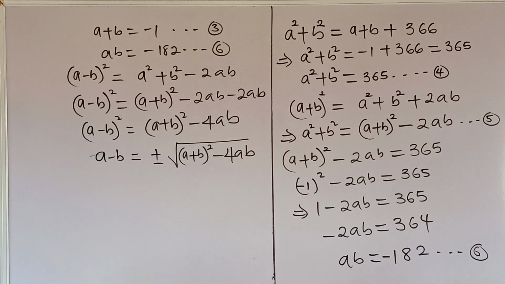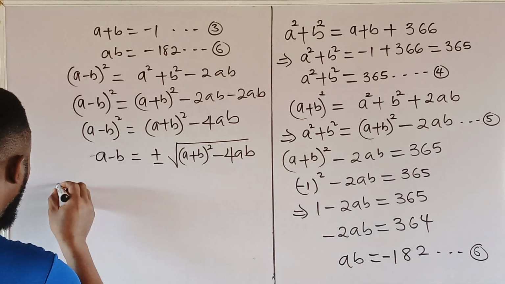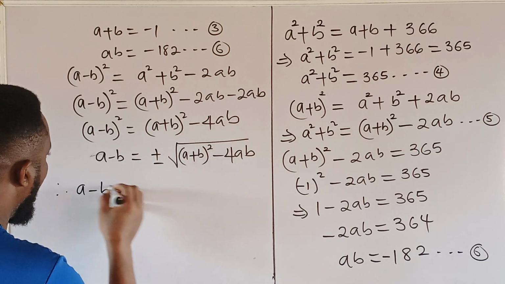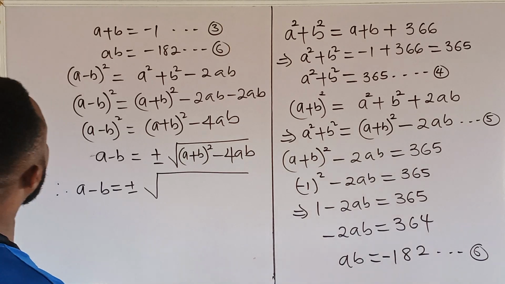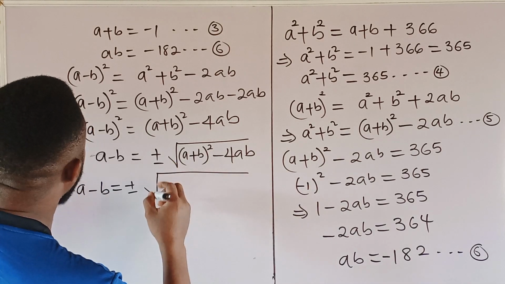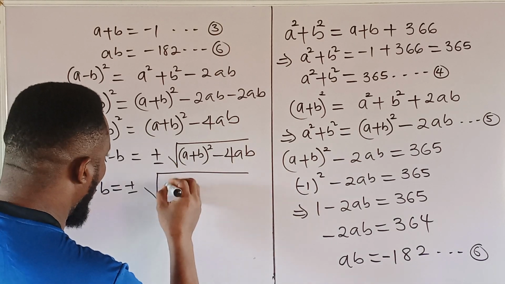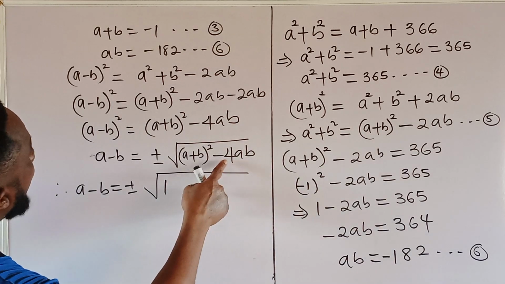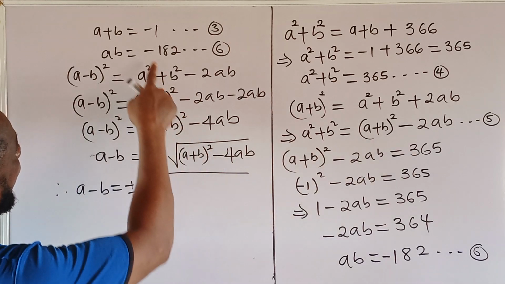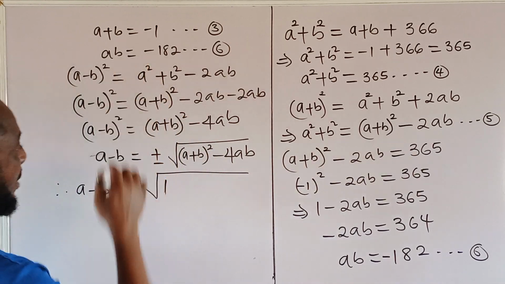Our homecoming is guaranteed. So a minus b will be plus or minus the square root of (a plus b) whole squared, and a plus b is -1, so (-1) squared is 1. Then minus 4ab, and ab is -182.